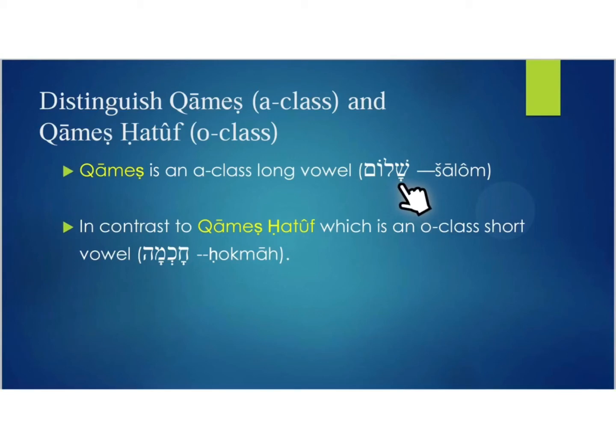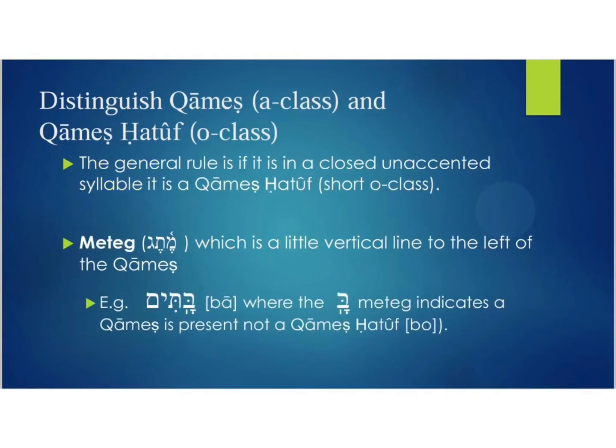However, in contrast, qamets hatuf is an O class short vowel, like kokma. Right? So how will we identify the A class long vowel and the O class short vowel?